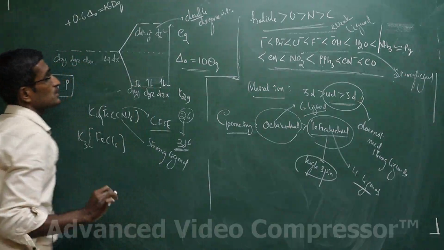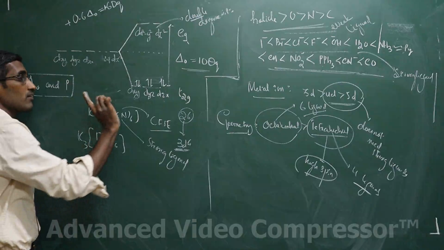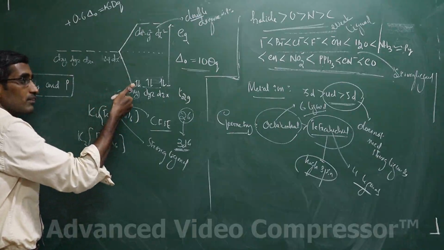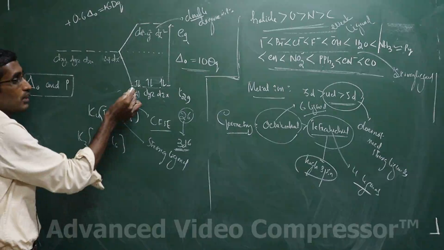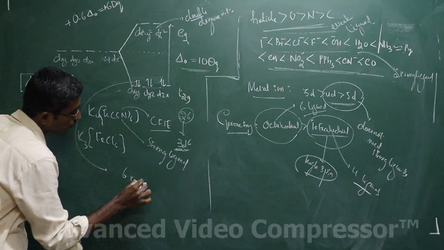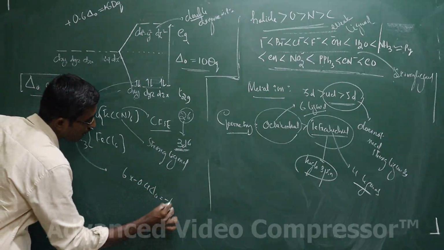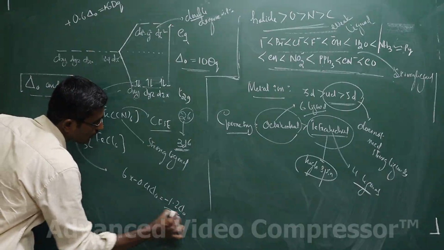That means how many electrons do we have? 6 electrons, and all 6 get paired. When it gets paired, how do you write the CFSE? 6 into minus 0.4 delta naught. That means minus 1.2 delta naught.